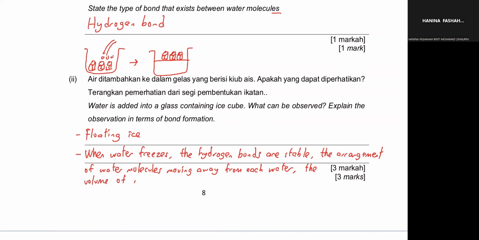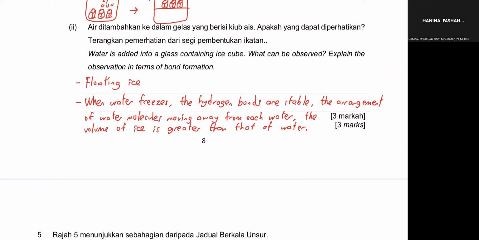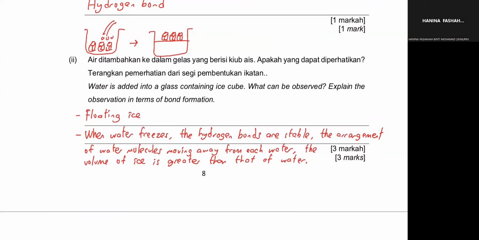of ice is greater than that of water. That's 3 marks. Since they're talking about volume, it relates to density. Why does ice float and the water sink?